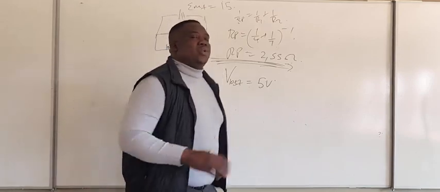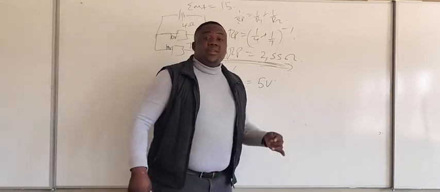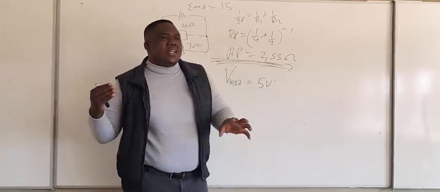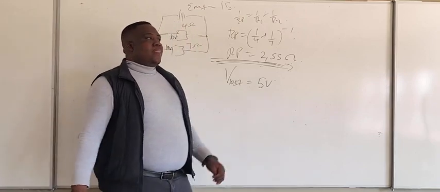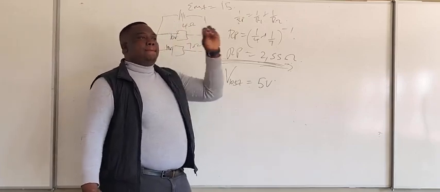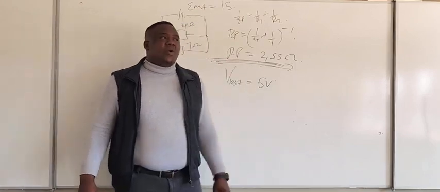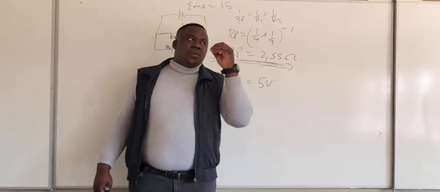Then, when you start to run faster, it means you'll be doing more work. The same applies when current is high and running faster. It means that the battery is going to do more work. And when it does more work, it is going to lose more energy.